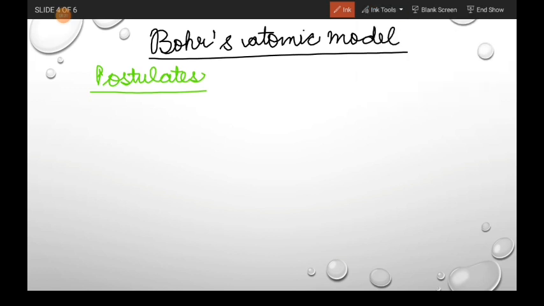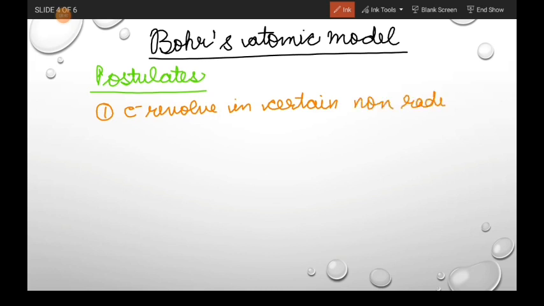The first postulate was that the electrons will always revolve in certain non-radiating orbits. Now what is the meaning of non-radiating? Which do not emit any electromagnetic radiation, non-radiating orbitals or shells or orbits.